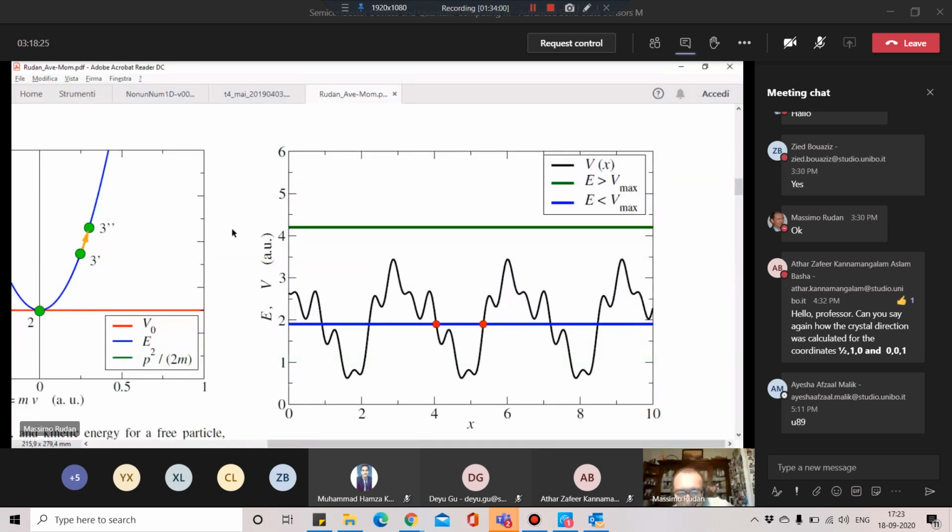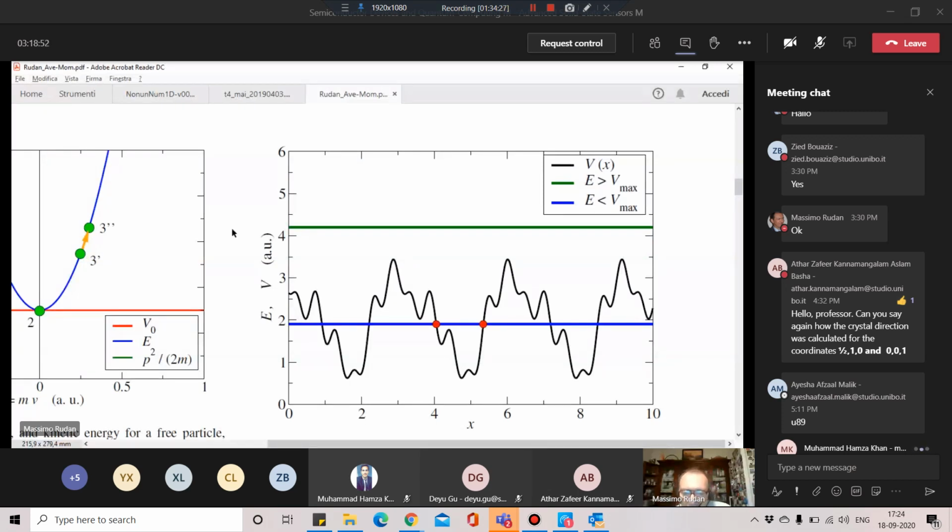So the only possibility for the particle, when it reaches the red dot on the right, is that the particle bounces back and goes to the left. So we have an inversion of the motion. Then the particle will proceed to the left. It will reach the other red dot on the left, and again it will bounce back.